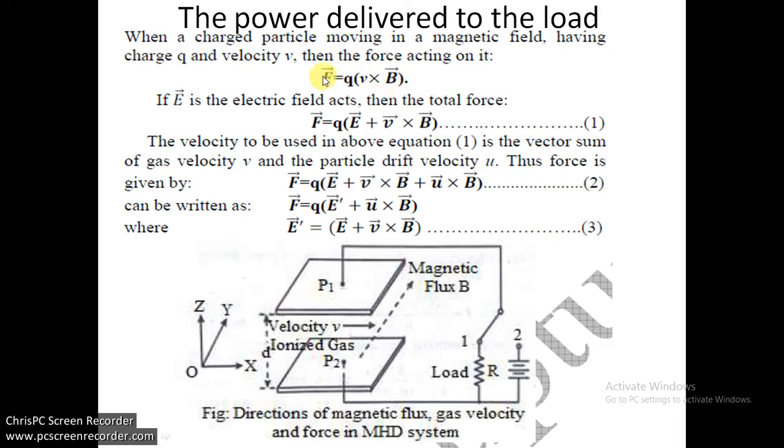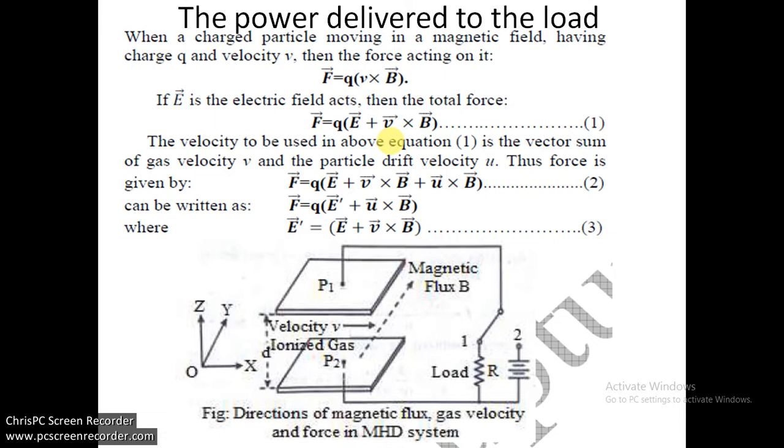So if a charge q with a velocity v is moving in a magnetic field, it experiences the force F, which can be written as q times v cross B. Similarly, if the electric field is also there, the total or net force experienced by the charge is written like this.